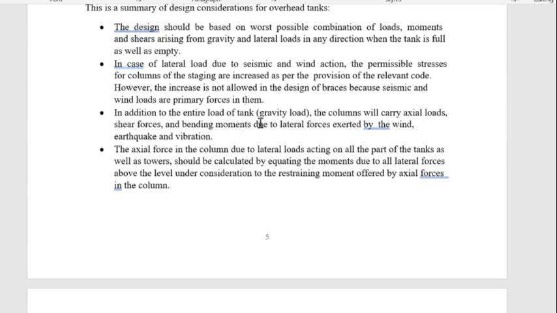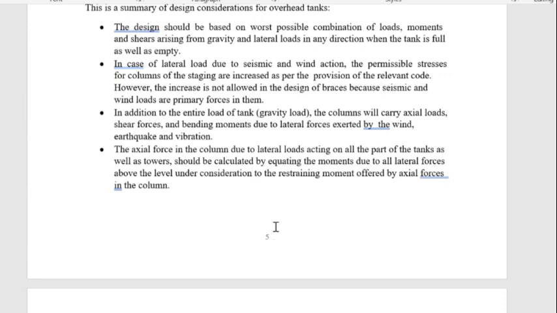Then in addition to the entire load of the tank or gravity load, the columns will carry axial loads, shear forces, and bending moments due to lateral loads. So this is to pay a bit of attention to the columns themselves.